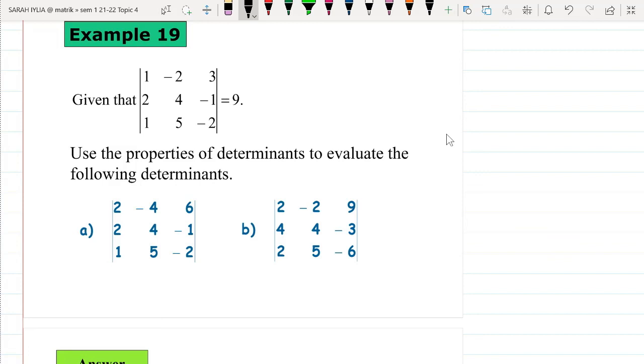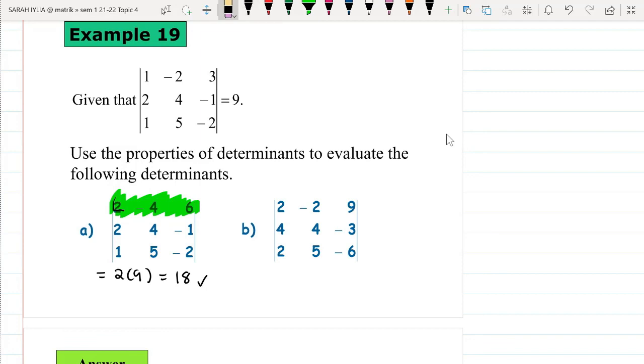So, third row maintain. Second row pun maintain. Yang dah berubah sekarang on first row. Okay. Saya highlight sekarang ya, first row. So, apa yang nampak berubah kat situ? Every numbers from original question is multiplied by 2. Semua nombor yang on first row tu dah darab 2. So, determinant pun kita kena darab 2. So, 2 times by 9. Dapatlah 18.